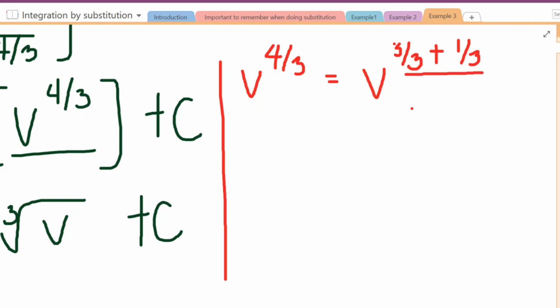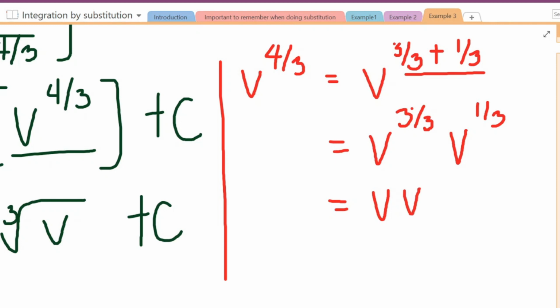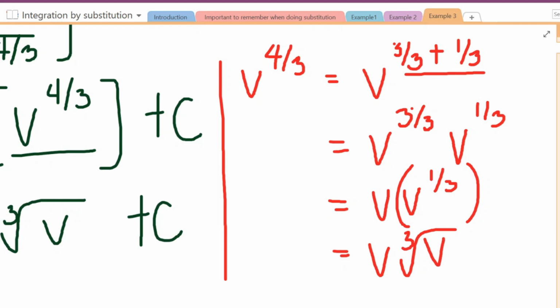These are all in the exponent. 3/3 plus 1/3 is the same as 4/3. We can separate this one as v raised to 3/3 times v raised to 1/3, and therefore we have v raised to 3/3 or 1 times v raised to 1/3, and v raised to 1/3 is just the same as cube root of v. That's where we got v cube root of v.